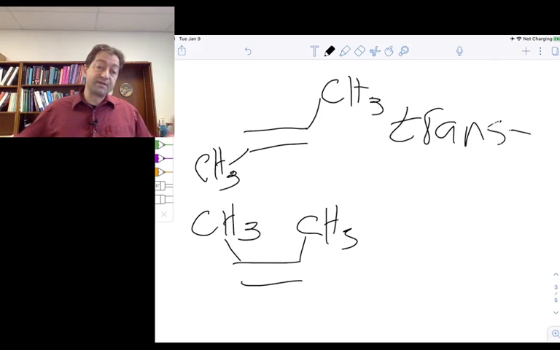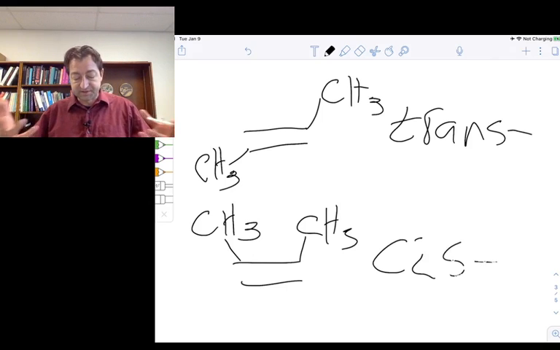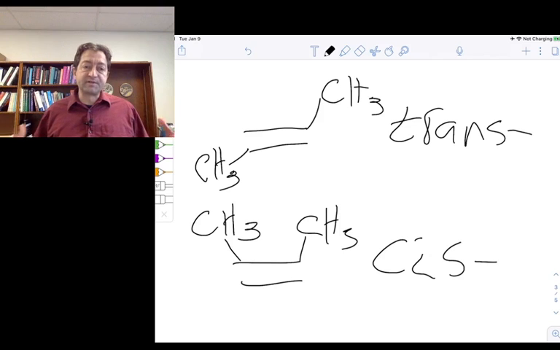And of course, the name trans means across, to a certain extent. Cis is on the same side. So we would have talked about cis and trans double bonds, but those phrases are really a bit obsolete, and we typically don't use them for double bonds anymore, simply because they're a bit confusing once you get past anything that's a disubstituted double bond. So it's just safest not to use them at all.